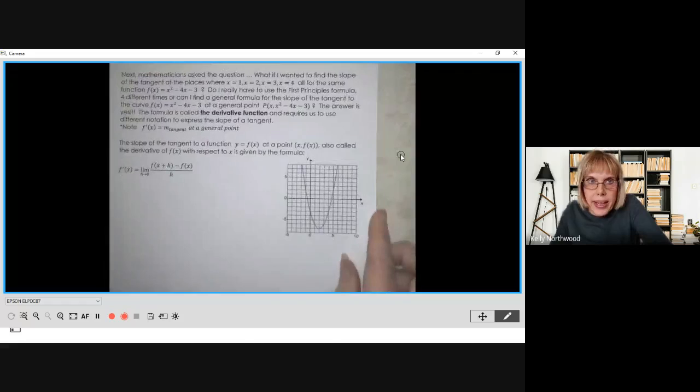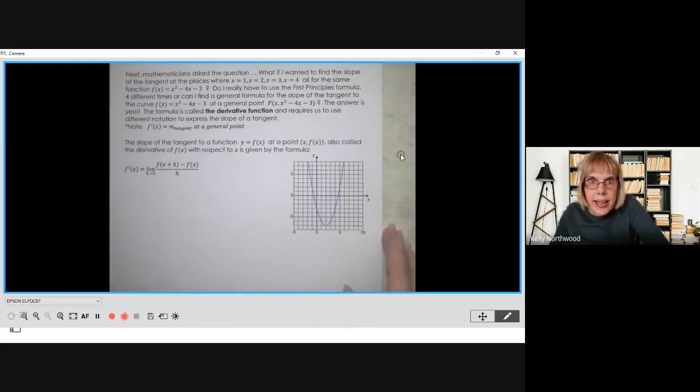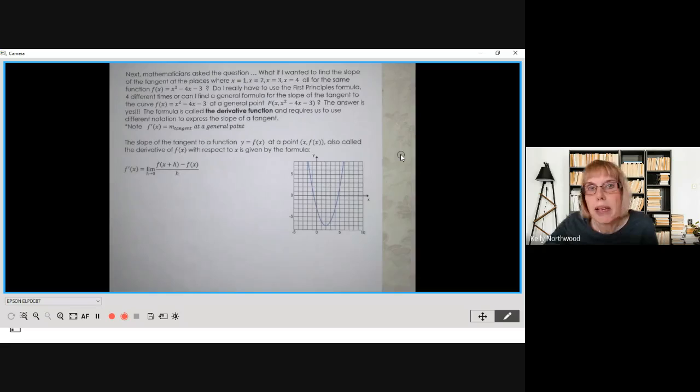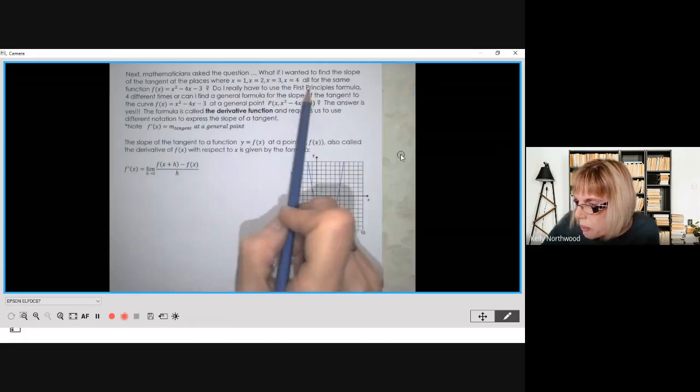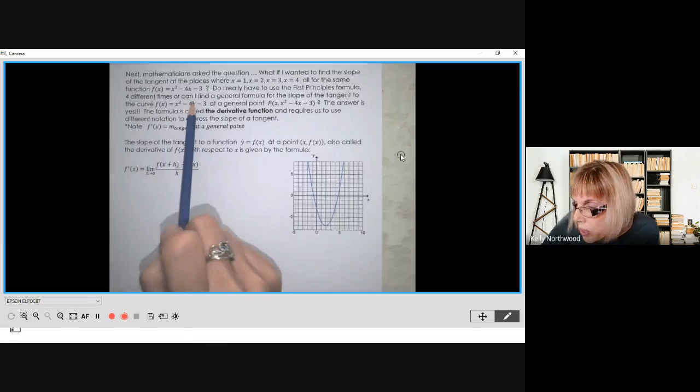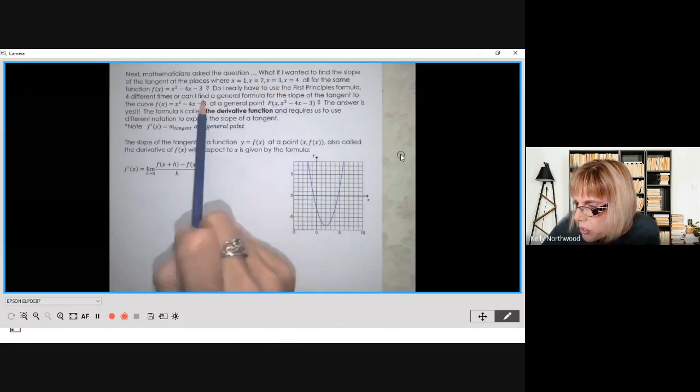Okay, so the next question mathematicians asked was, what if I wanted to find the slope of the tangent at a bunch of places? So not just one x value, but maybe at 30, depending on the function, right? You don't want to have to do that process 30 times for 30 different x values. So their question was, do I really have to use the first principles formula 4 different times for x equals 1, 2, 3, and 4?